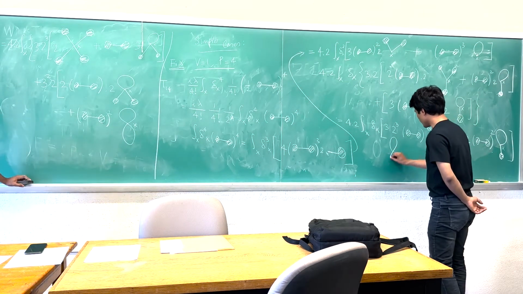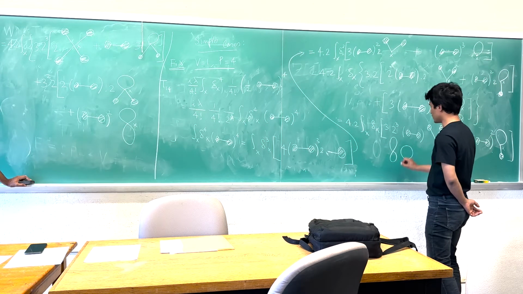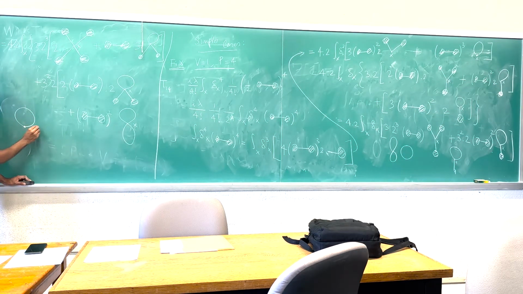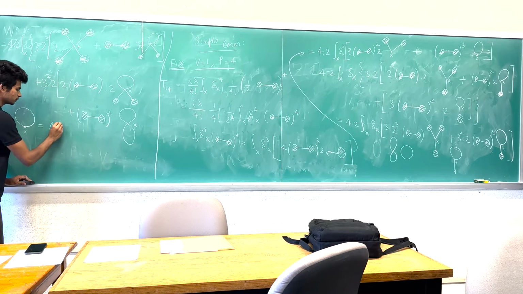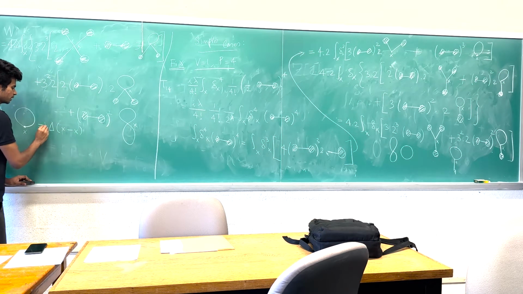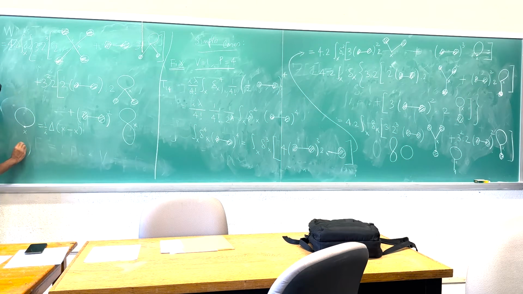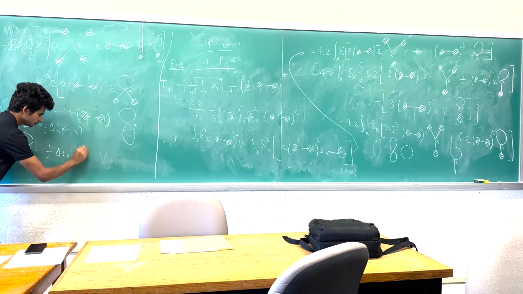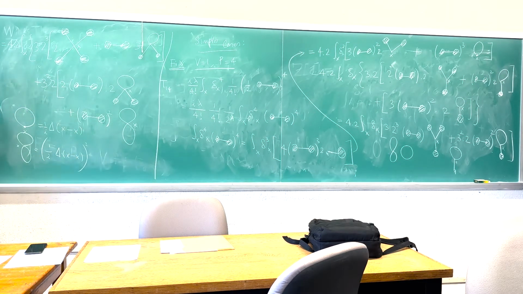This is delta of x minus x, right? What is this? This is 1 over i, delta of x minus x, squared.